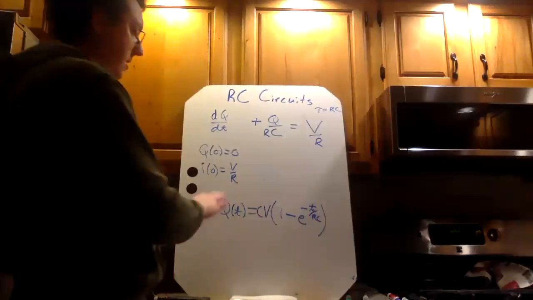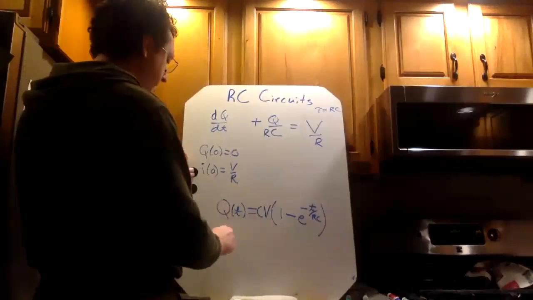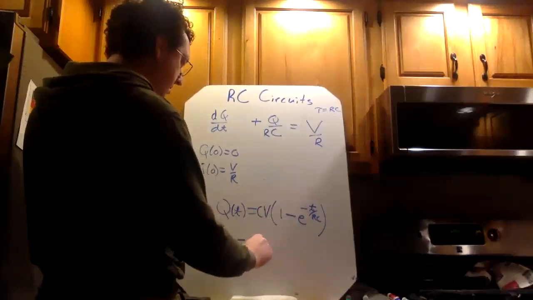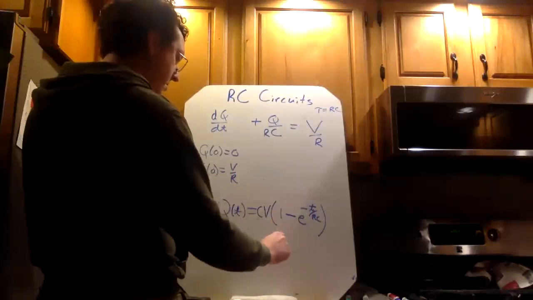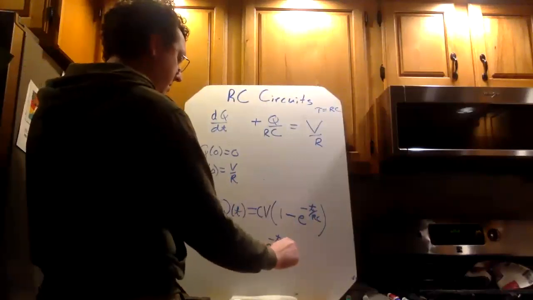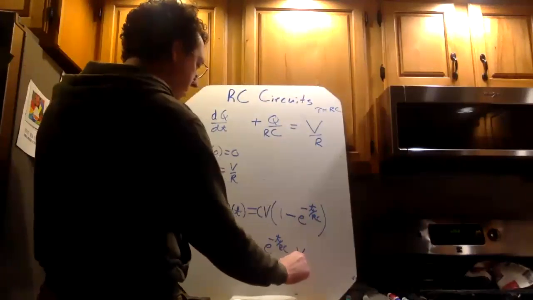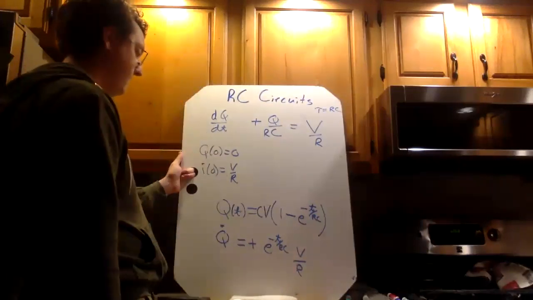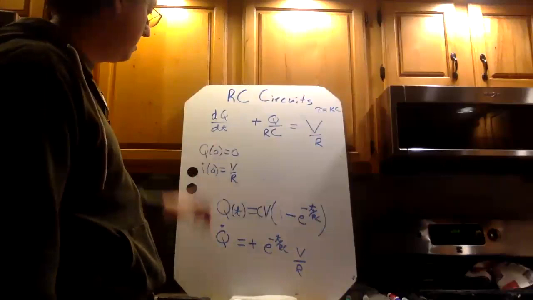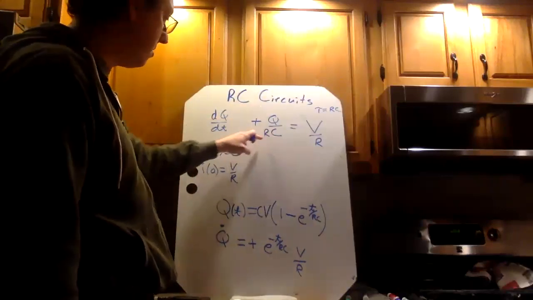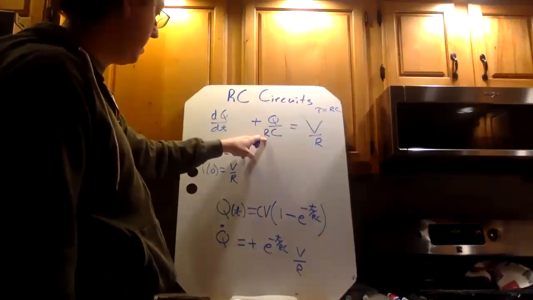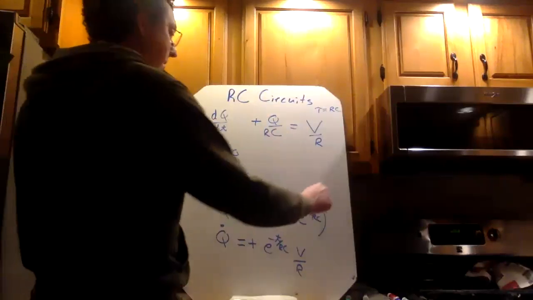Let's check. If that's correct, then the current Q dot would equal plus e to the minus t over RC times V over R. If I add together Q dot with Q divided by RC, the C's cancel, and I end up with V over R. So that checks out.